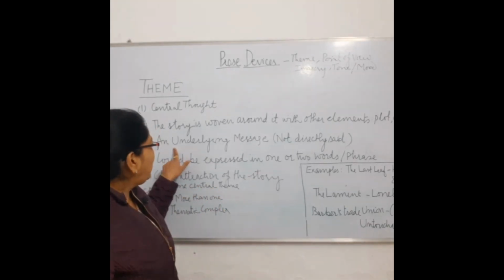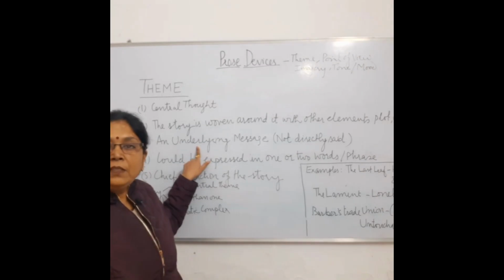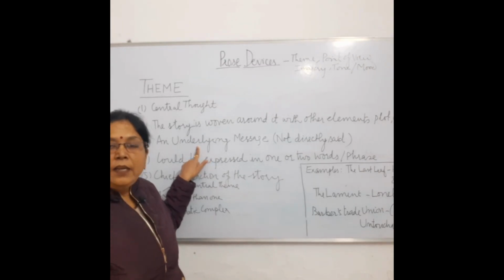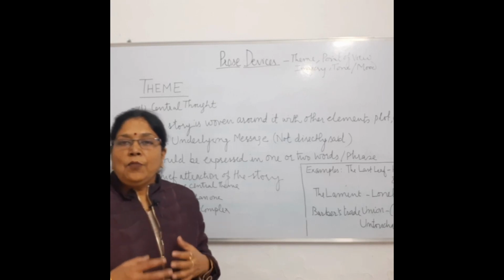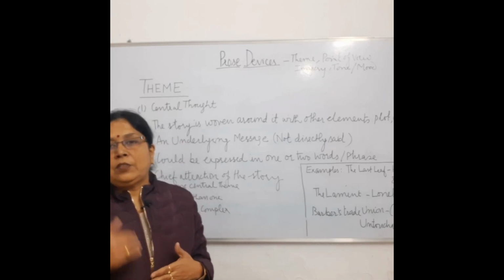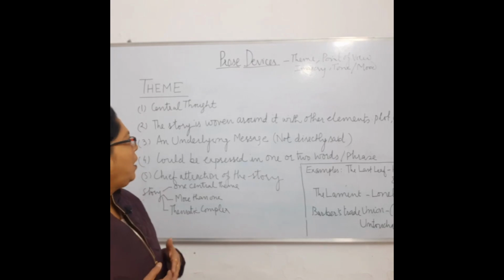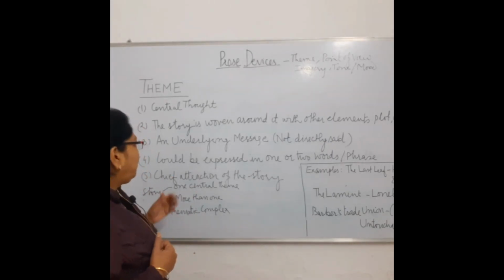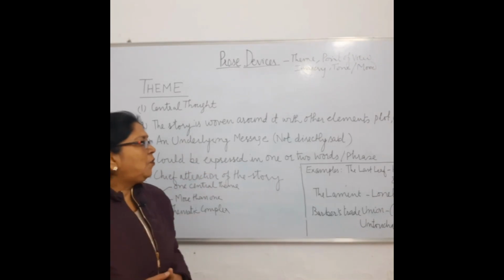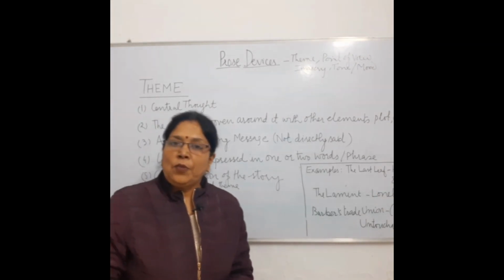Rather, it remains underlying. It means it remains hidden. It remains embedded in the story. And when the reader goes through that story, he comes to know about that central thought, or you may call it a theme. It could be expressed in one or two words or a phrase.